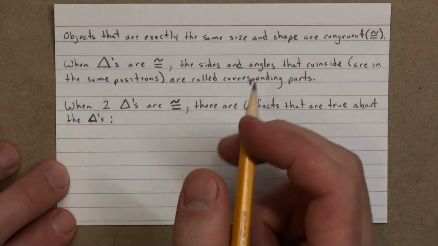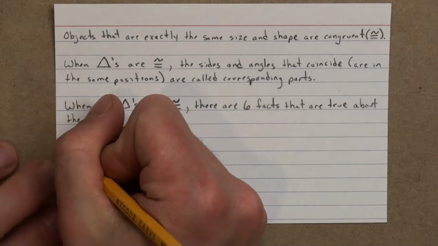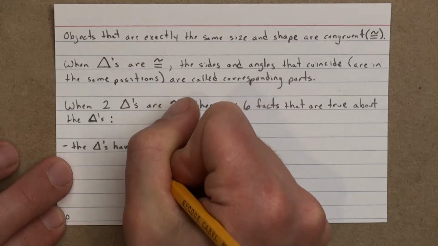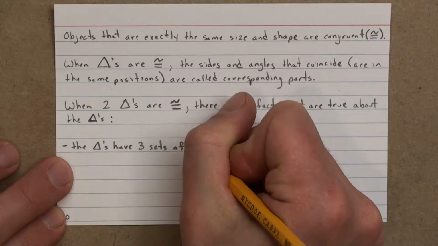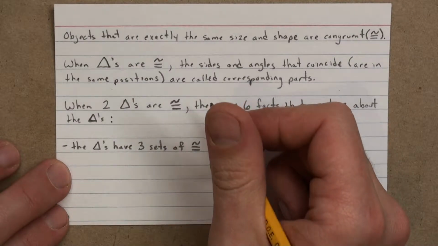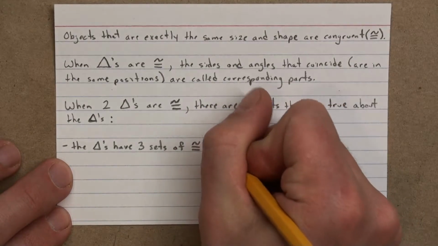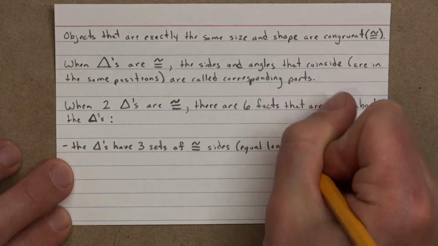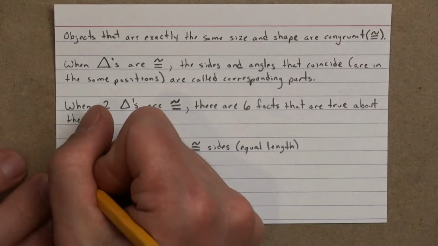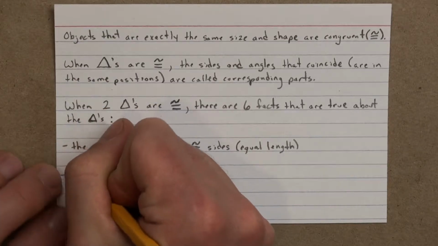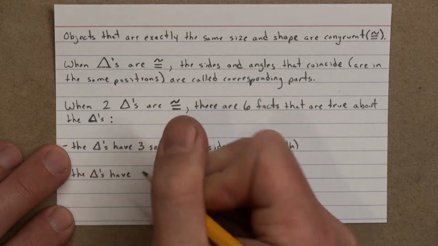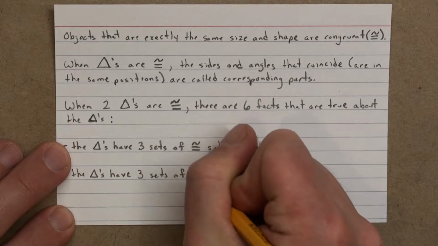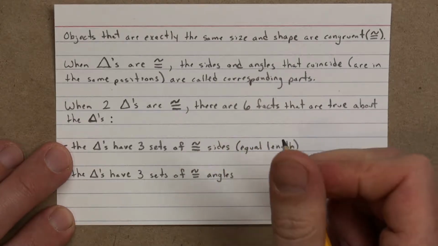The triangles have 3 sets of congruent sides, which means they're equal length, and the triangles have 3 sets of congruent angles.